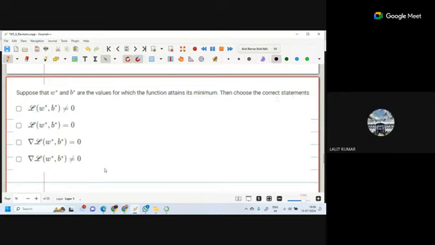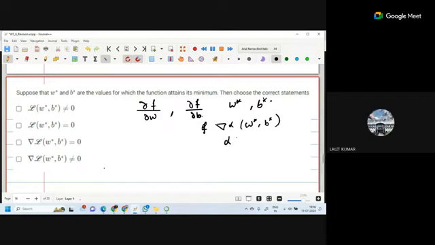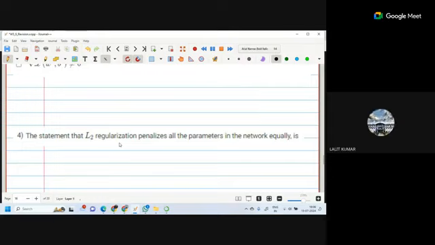Minimum, okay. So you have to take the derivative of the function with respect to w, then with respect to b, find w star, find b star, and then find the value at w star, b star, which will be 0, and you can find the L also at w star, b star. So this is straightforward.